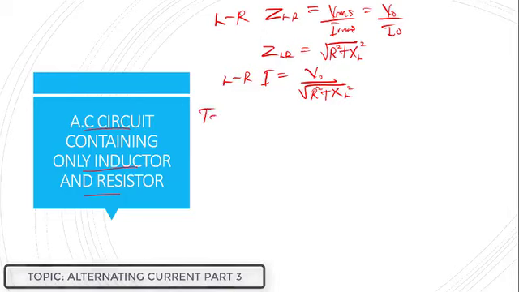And then the angle of the applied voltage, tan theta, is given by the voltage across the inductor over the voltage across the resistor. And the effective or total voltage is given by the square root of the voltage across the resistor squared plus the voltage across the inductor squared.